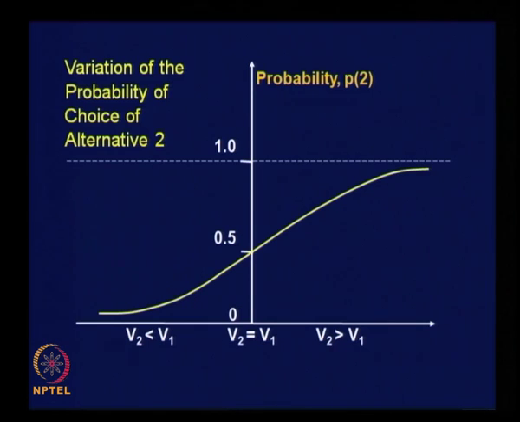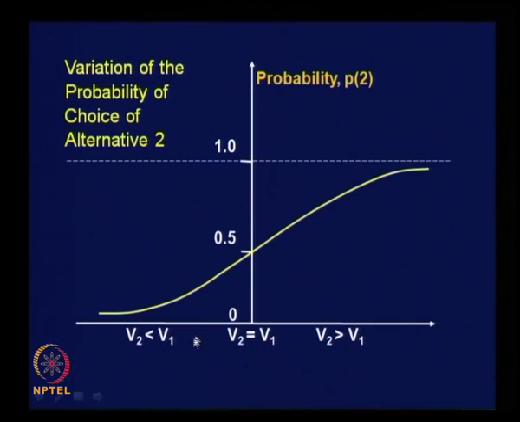But what is happening here, when V2 is more than V1, still there is an increase in choice of V2, but not to the expected extent of everybody choosing V2, right. Even at this level of difference, you see only about 70 to 80% of the people choose V2 in spite of the utility of mode 2 being very high, and still about 30% of the people are using mode 1 for reasons known to them based on their perception.